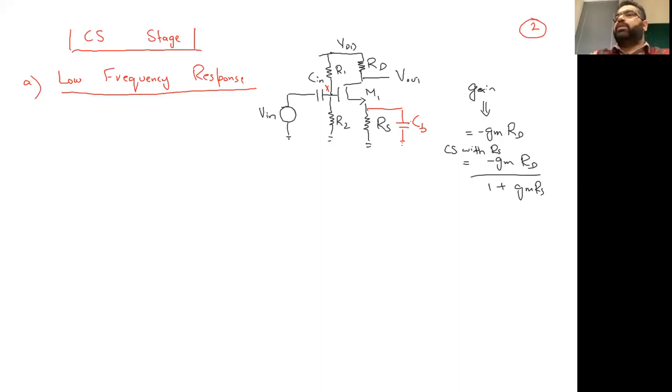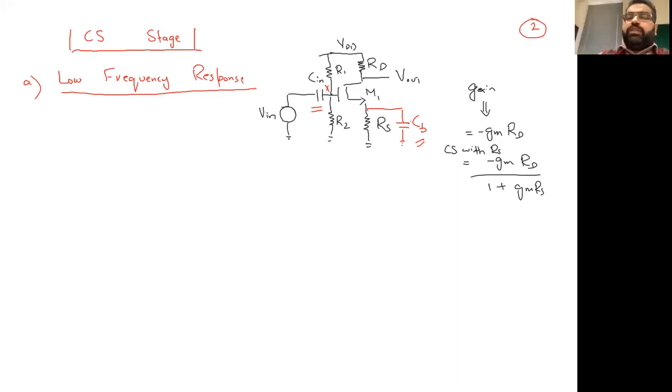Another capacitance is a low frequency capacitance. Not only the Cin is a low frequency capacitance, this is also a low frequency capacitance. And let's observe how this low frequency capacitance is operating. So if we want to move forward, let's write some background of this, do the calculation, and we can do the frequency response afterwards.